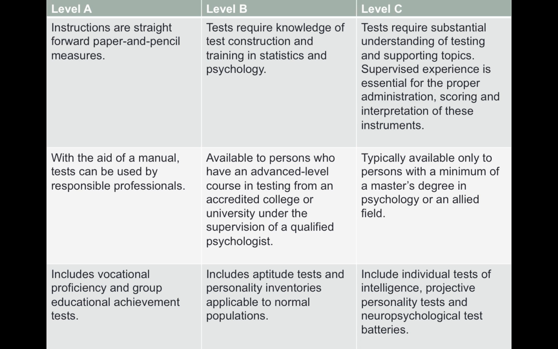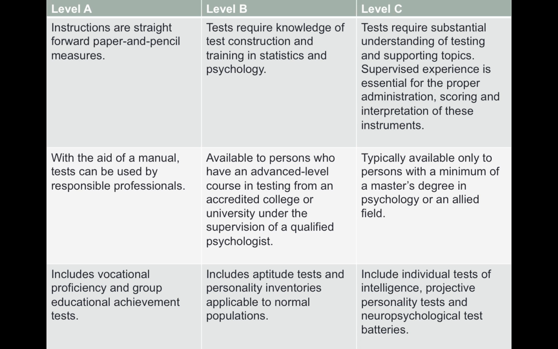Level A tests are straightforward paper and pencil measures that can be administered, scored and interpreted with minimal training. With the aid of a manual, these tests can be used by responsible non-psychologists such as business executives, educational administrators or recruitment consultants. This category includes vocational proficiency and group educational achievement tests.